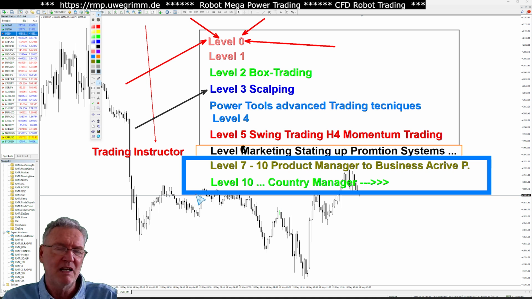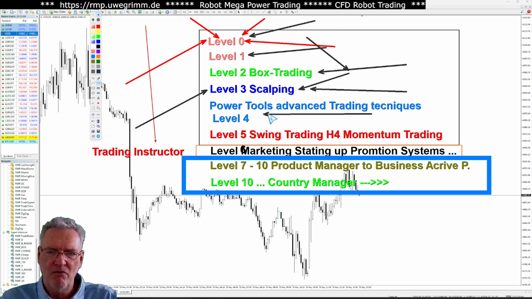And when it comes to trading with real money, every click, every fault can mean a money loss. So we will not start here. We will not jump from here to here. No, we will make 0, 1, 2, 3, 4, 5.